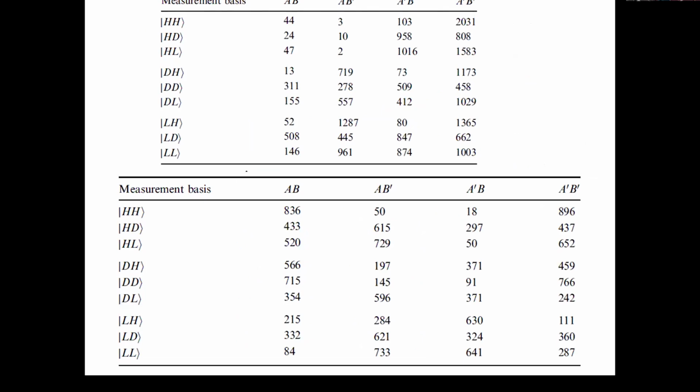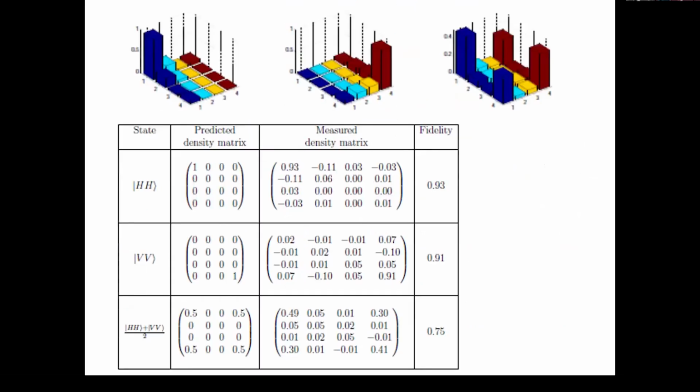So these are some measurement results. Here is one set, here is another set of measurement results. These are just the coincidence detections. For the horizontally polarized state, only one term in the density matrix shows up. Vertically polarized, likewise.